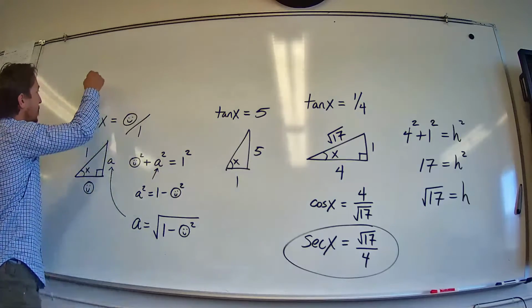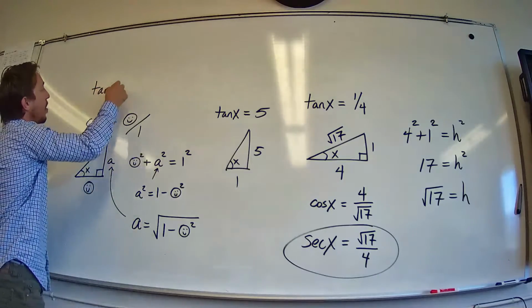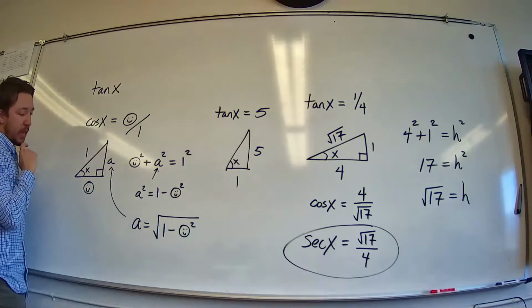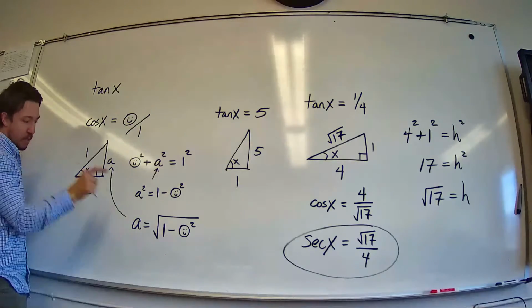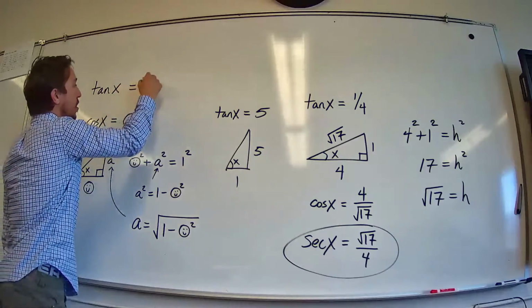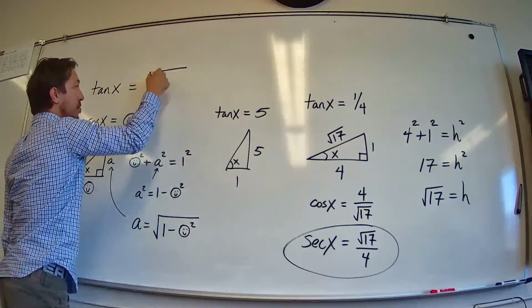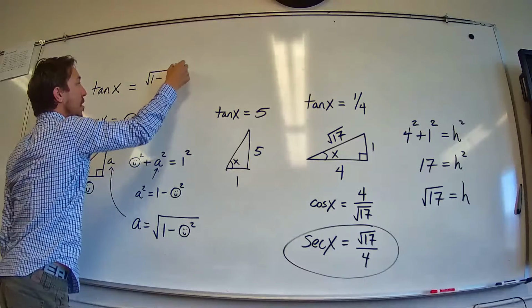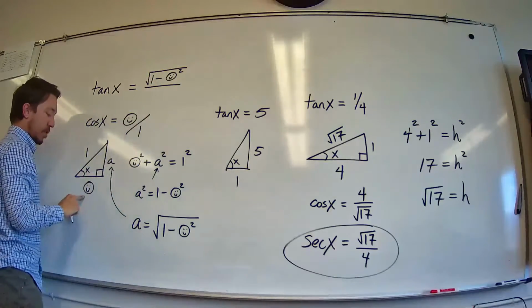It's asking us for the tangent. With that in mind, what's the tangent of x? Opposite, which is the square root of 1 minus the value squared, over adjacent.